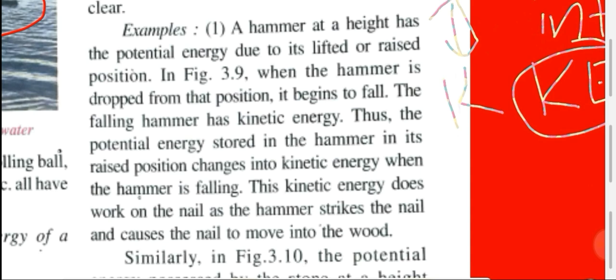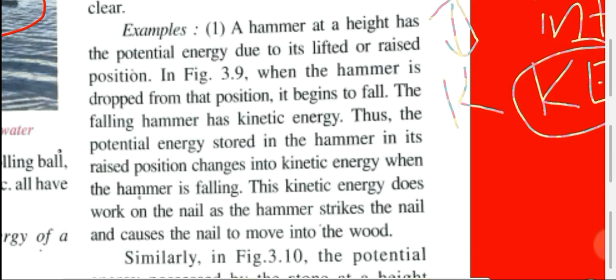This example we have already discussed for kinetic energy and potential energy in the last two classes. Here we can see a hammer at a height has potential energy. Due to what? Due to its lifted or raised position, a hammer got potential energy.